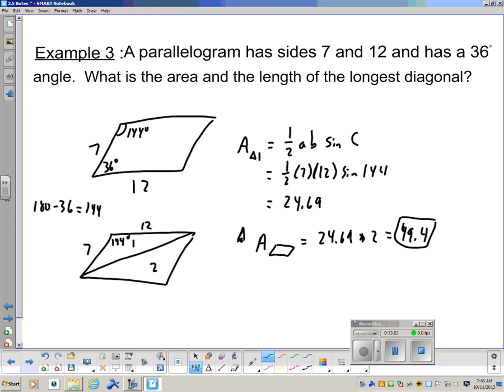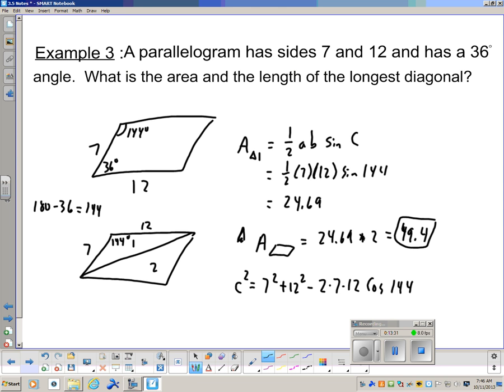And then what's the length of the longest diagonal? Since I've got side, angle, side here, I can use my law of cosines. So I'm going to say c squared equals 7 squared plus 12 squared minus 2 times 7 times 12 times the cosine of 144. And then I'm not going to forget to take the square root of my value when I'm done.